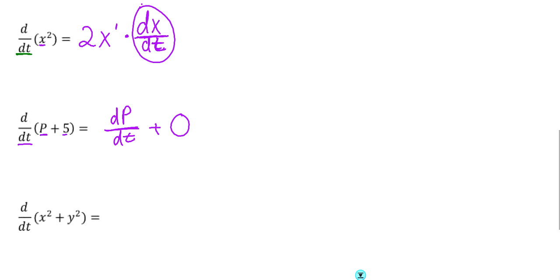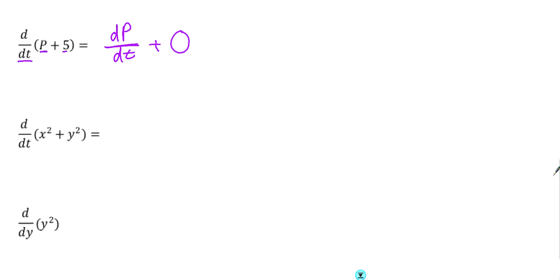Now, there are also cases where we're implicitly taking the derivative of x and y with respect to a completely different variable. So I have x and y in my expression, but I'm taking the derivative with respect to t. So now I'm implicitly doing x and implicitly doing y.